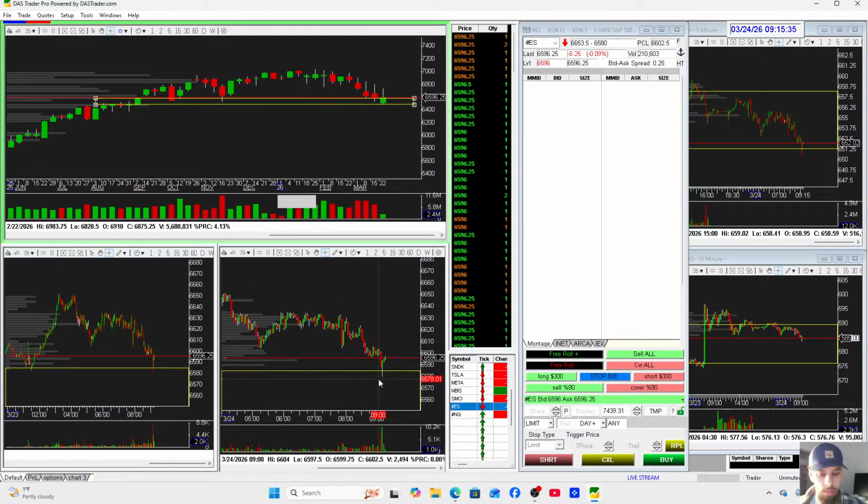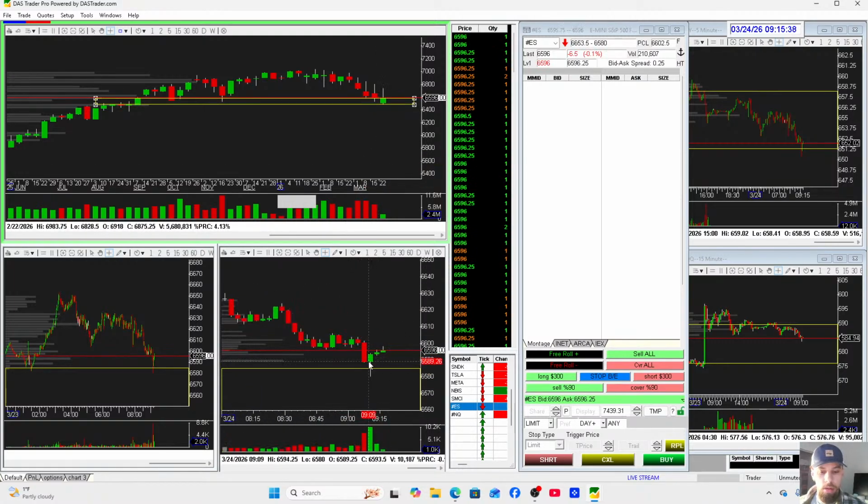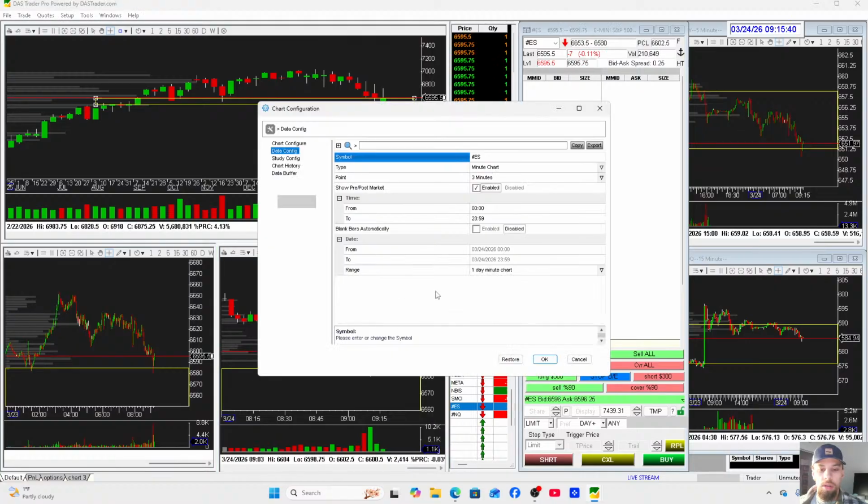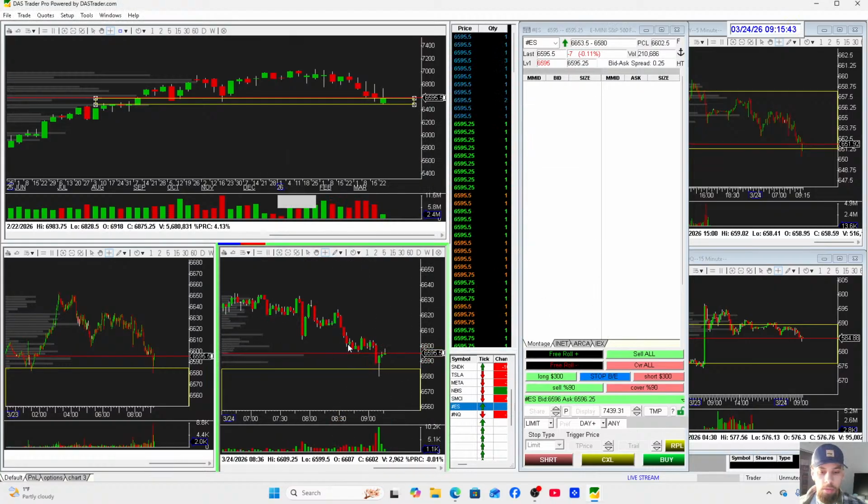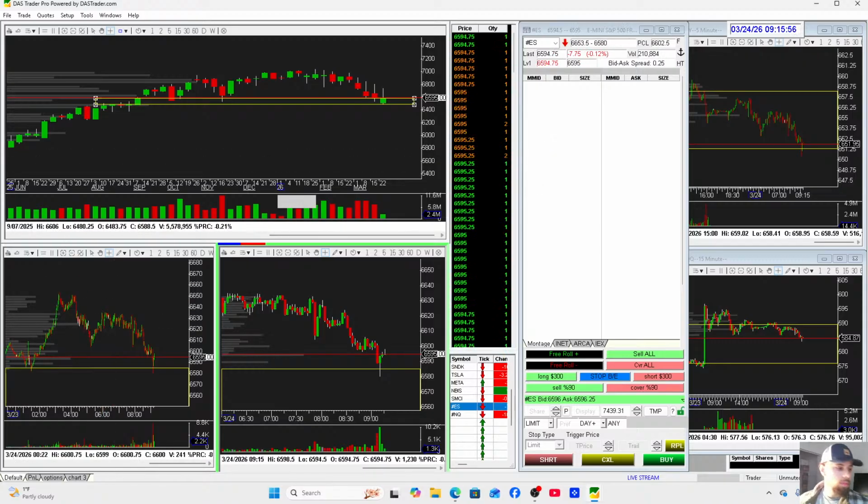Alright, so if you look at this, the 3-minute chart of the ES, you can see we made our way down to that area of support. A lot of contracts, volume right there, 10,000 contracts, tested that level. Pretty much have everything charted up that we're looking for.